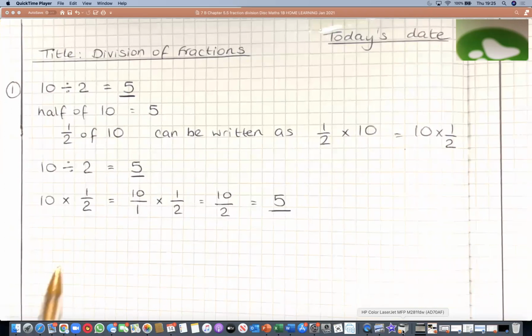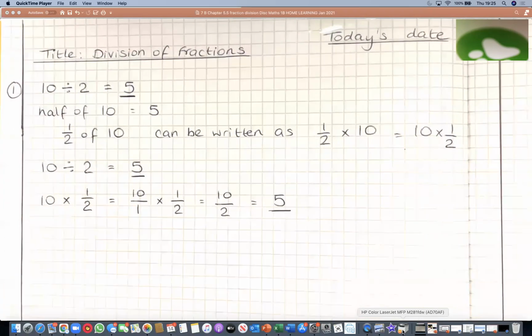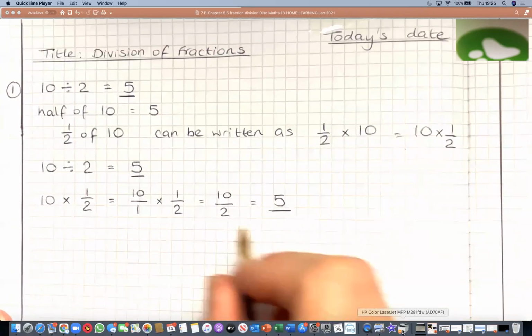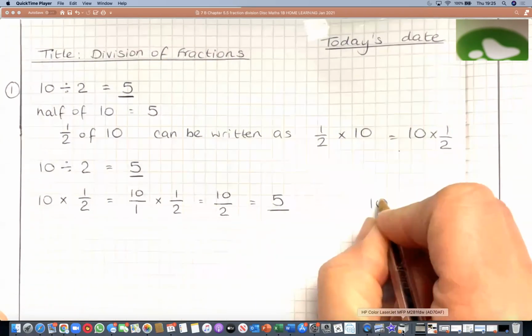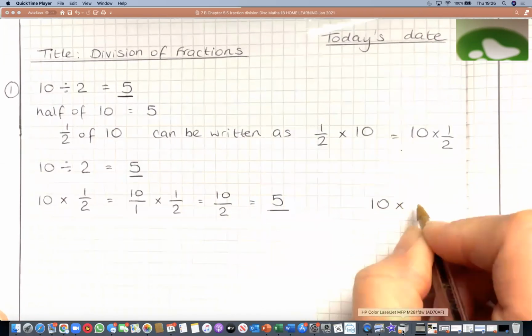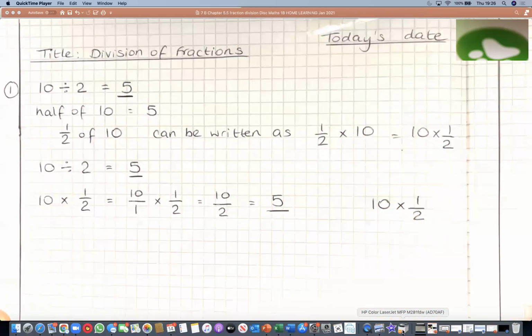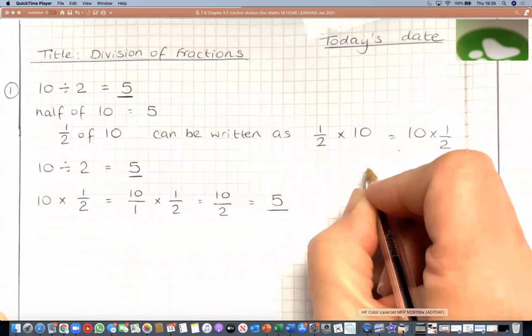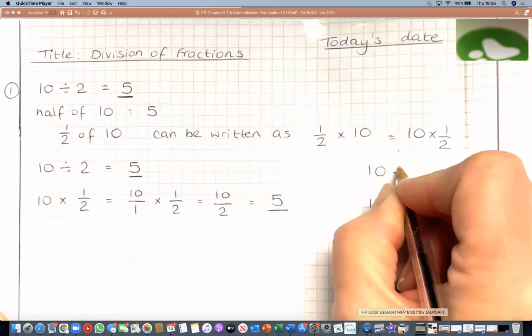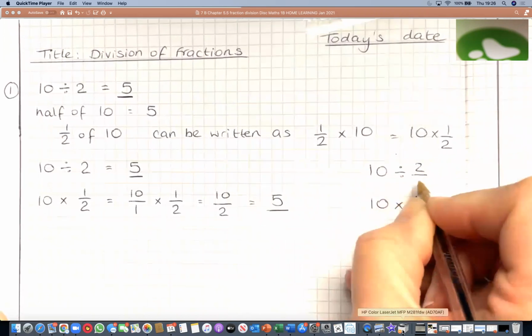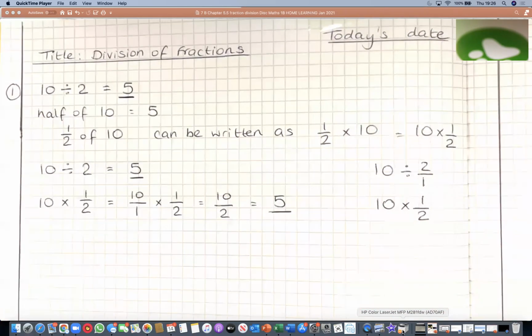10 multiplied by 1/2 is the same as 10 divided by 2. Let me write that one other way. Okay, I'm just going to put it over here in a box. 10 multiplied by 1/2 is the same as 10 divided by 2 over 1. So let's have a look.